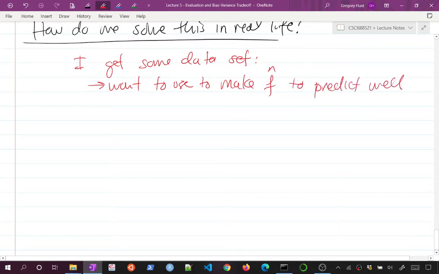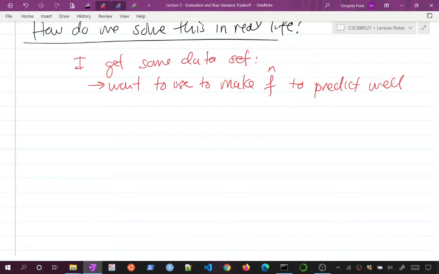I want to use this data set to make f hat to predict things well, and I want to use it to predict things I haven't seen before. I don't really care about the performance on my training data. But I don't get given a test data set from on high. In reality, I get an access password to a SQL server, and I have to download the data from there, and I have to deal with everything myself.